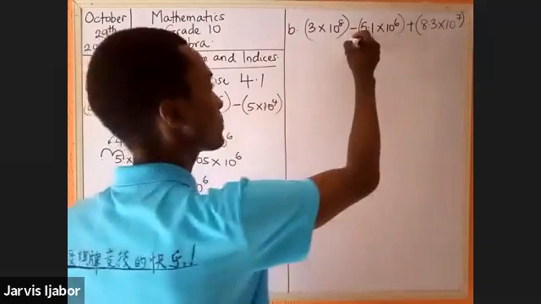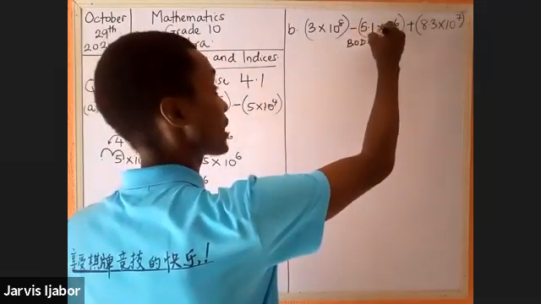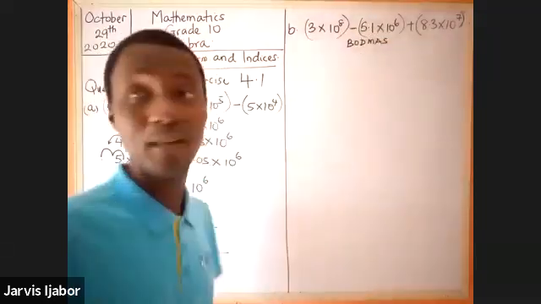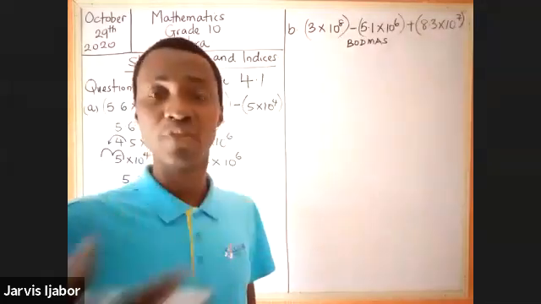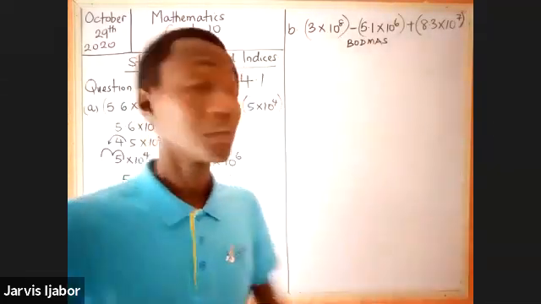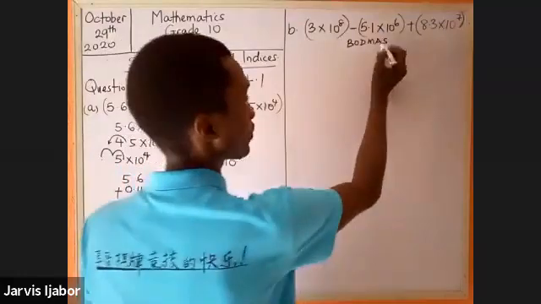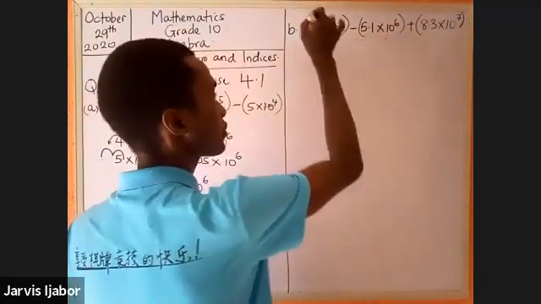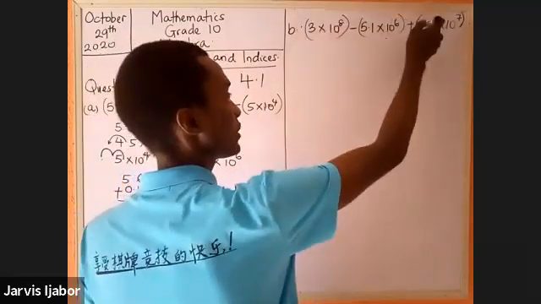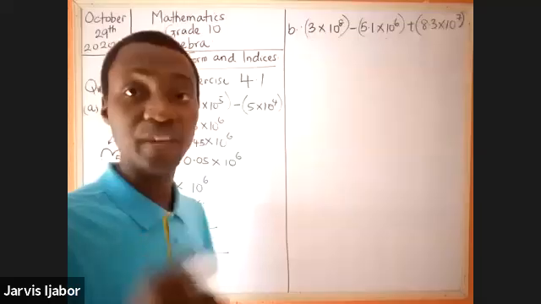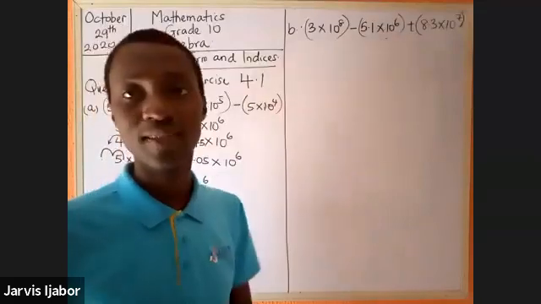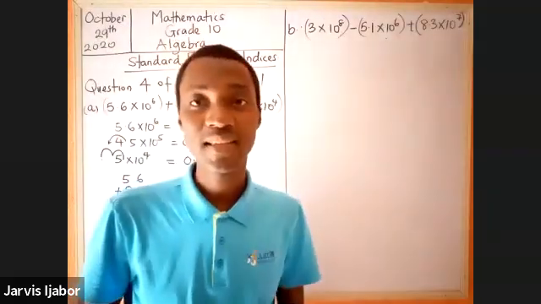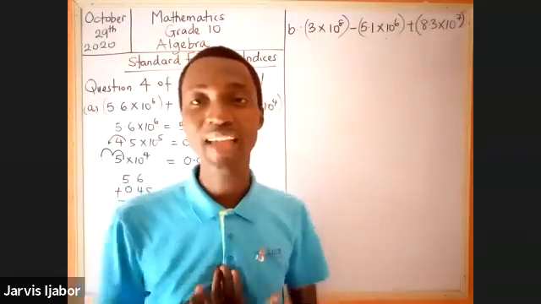By the concept of BODMAS, although sometimes it wouldn't really matter, BODMAS tells about the steps you need to take while solving a problem. But by the concept of BODMAS, we're expected to do addition first. So this one that has no sign written in front and this one that is plus should be done first before you now subtract. And I think it makes common sense. I try to put together the money I have.